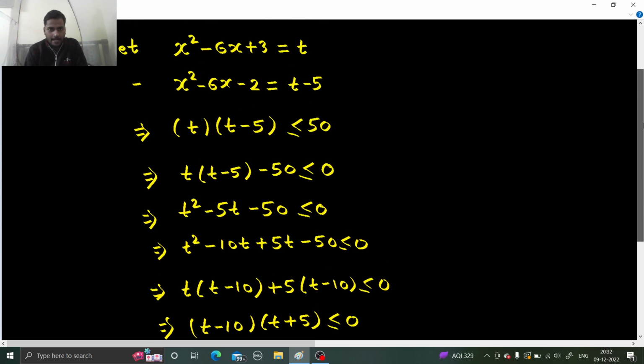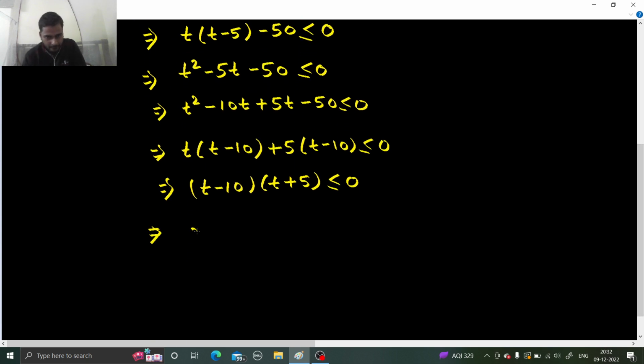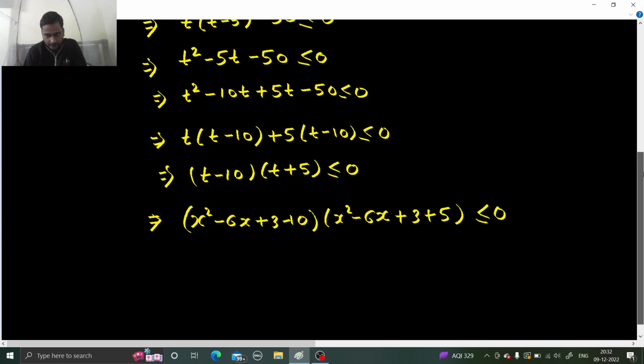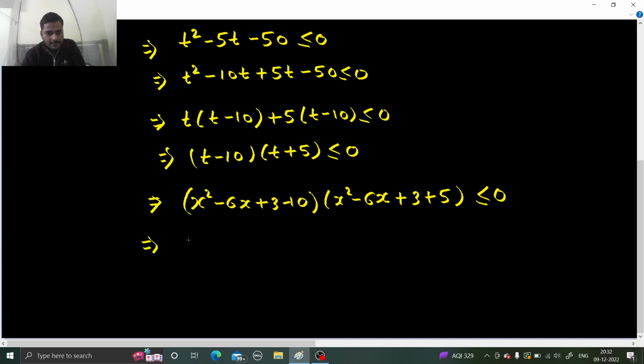So if I put that t back, which was x square minus 6x plus 3, minus 10, and x square minus 6x plus 3 plus 5. Now this becomes x square minus 6x minus 7 and x square minus 6x plus 8 less than equal to 0.